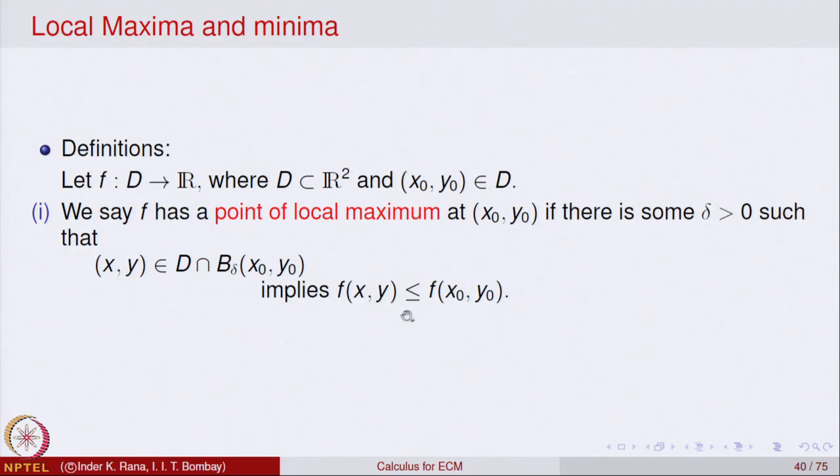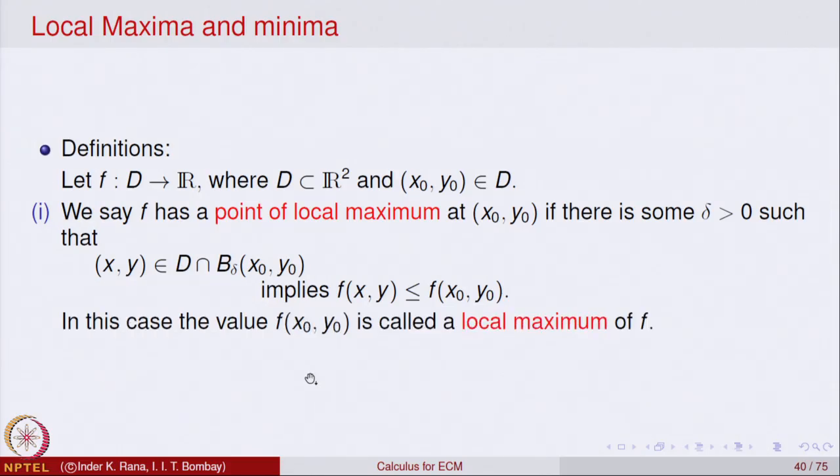So, what does locally mean? In an open neighborhood of that point (x0, y0) in the domain, the value is the largest. So, locally the value is the largest. In this case the point is called the point of local maximum, and the value of the function at that point is called the local maximum of the function.